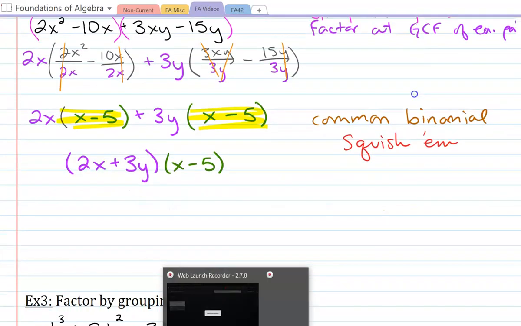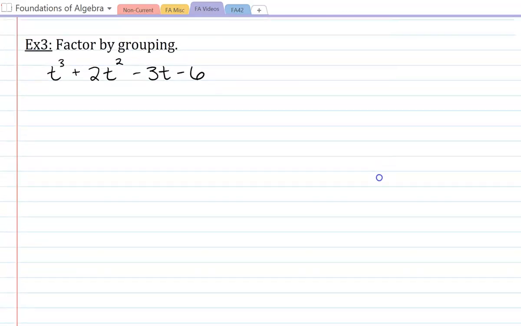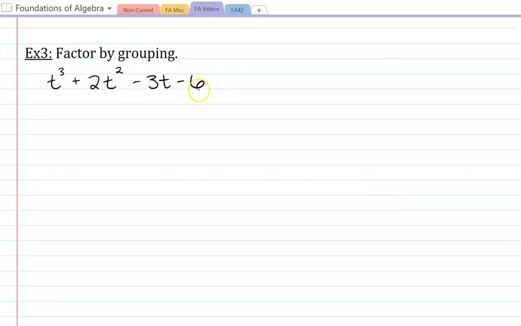Let's do another. We have 4 terms again, so we factor by grouping. So we're going to group into pairs, and we're going to factor the GCF of each pair. So the GCF of my first pair here, t cubed plus 2t squared, would be t squared.